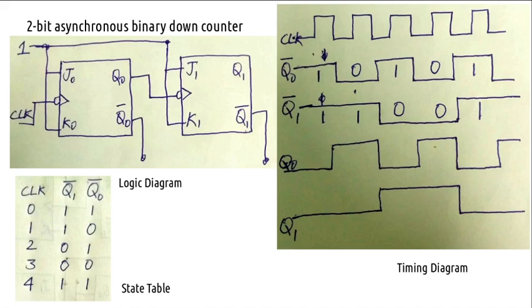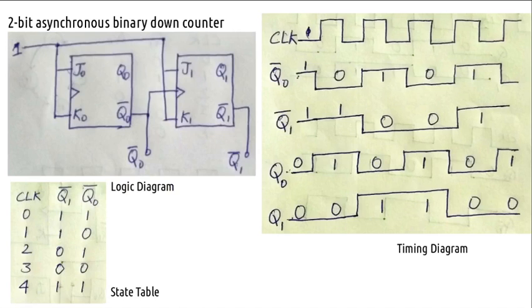Okay. So we continue with asynchronous counters. We designed, I think, 2-bit asynchronous counters, right? We went up till here. You followed. Okay, so as a review, if you are using a positive edge triggered flip-flop, you will just give Q0.